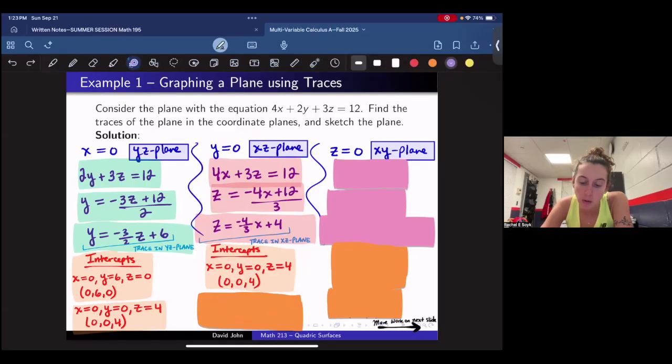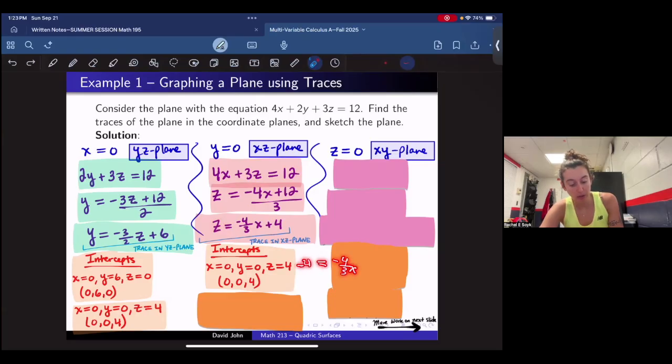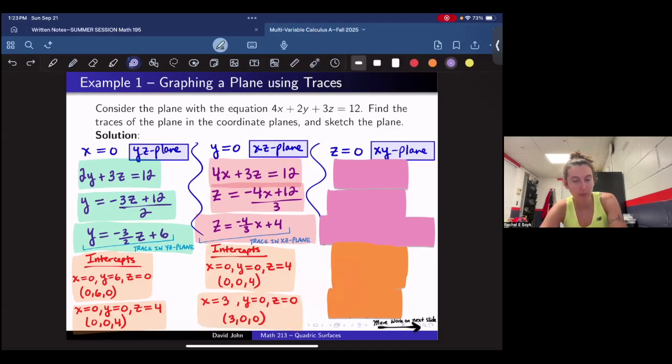And then the last one, let's now have z equal to 0, and why don't we solve for x? So when z is 0, subtract 4 from both sides, get negative 4 equal to negative 4/3 x, multiply both sides by 3, negative 12 equals negative 4x, divide both sides by negative 4, and we get x is equal to positive 3. So how do we write this? 3, 0, 0, and we'll just reveal it.